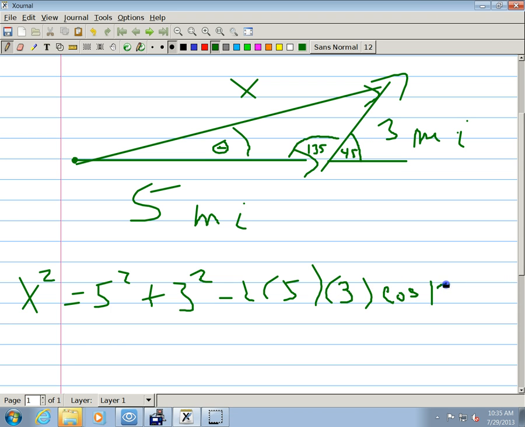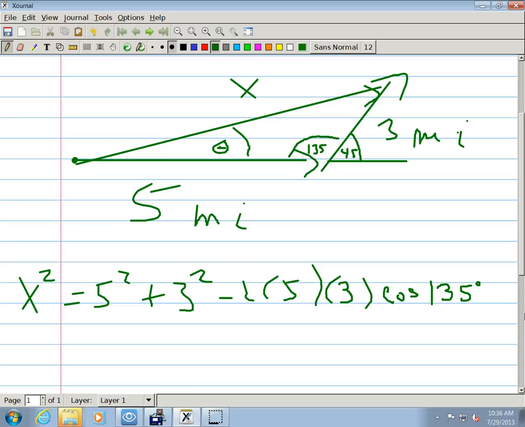The cosine of 135 is the same as the cosine of 45, except it's in the second quadrant, right? Think about it. Here's your unit circle, right? This is 0 degrees. This is 45 degrees. This is 180 degrees. This is 135 degrees. Isn't that the same angle from the x-axis? So if you know the cosine, what is the cosine of 45? The cosine of 0 is 1.